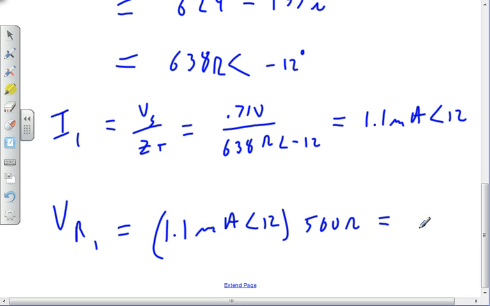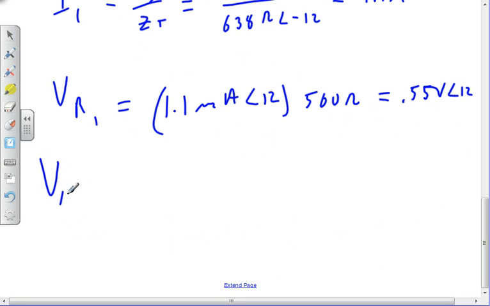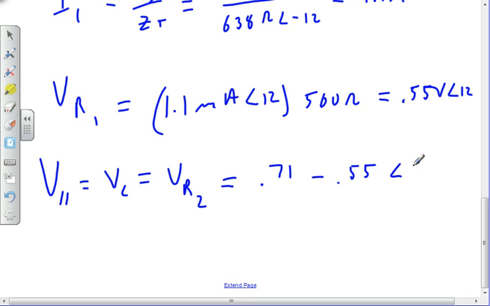5.5 volts? No. 0.55 volts angle 12. Okay, so the voltage across the parallel path, which is also the voltage across the capacitor and across R2, is going to be equal to the total, 0.71, right? 0.71 minus 0.55 at an angle of 12.